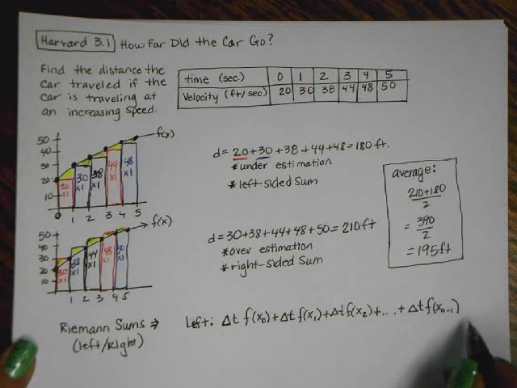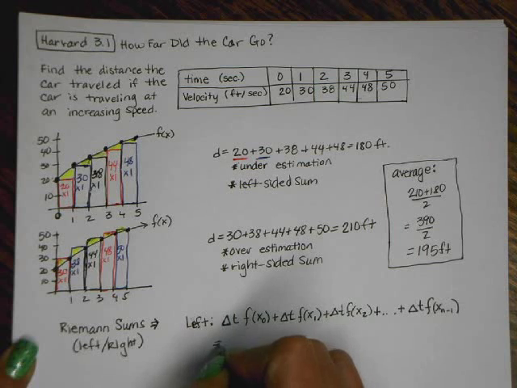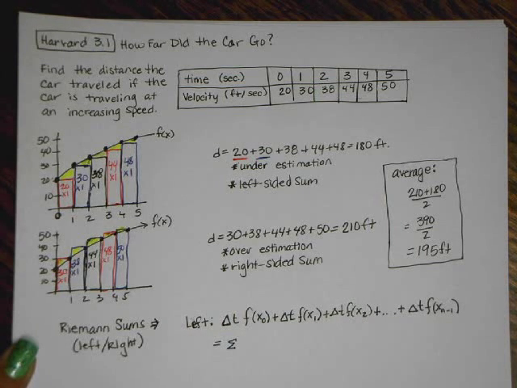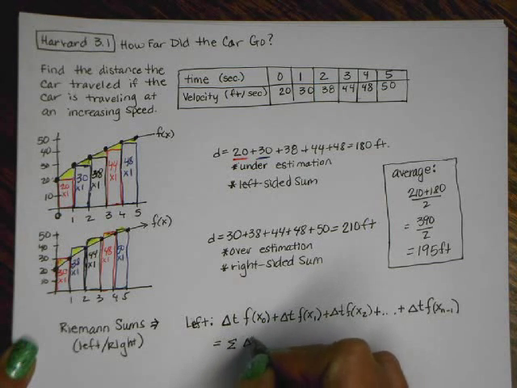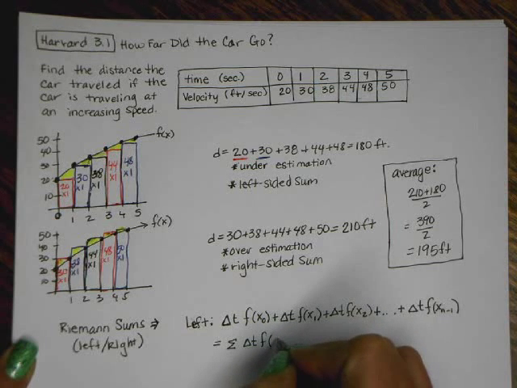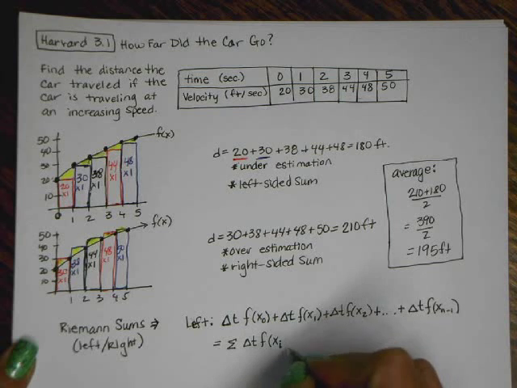Alright, now, that's annoying to write over and over and over. So there's another form that we use, and it's using your summation notation. All of these have a delta t in them, so I write delta t. And then all of these have an f of x. But notice the x subscript is changing. So I'm going to put a little i right there.